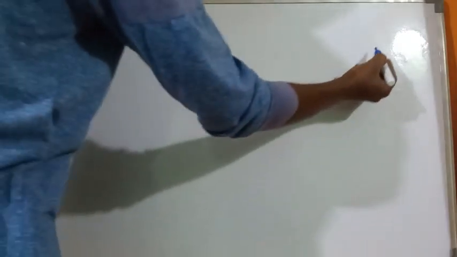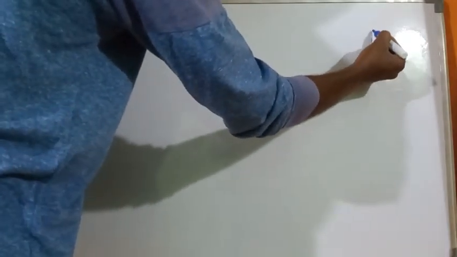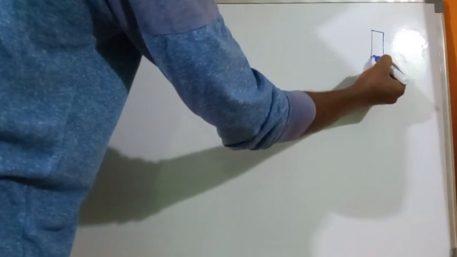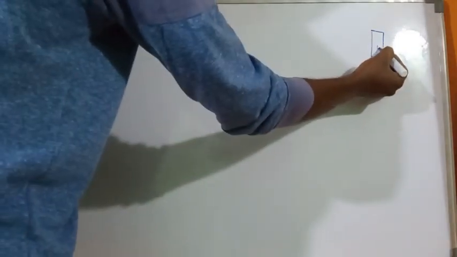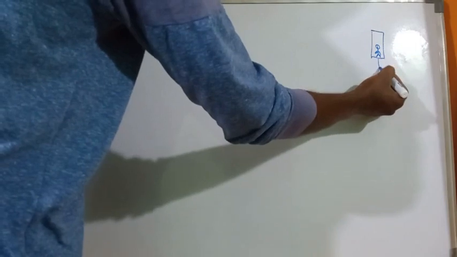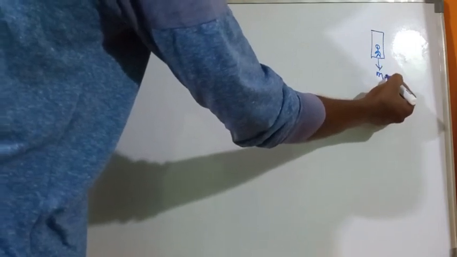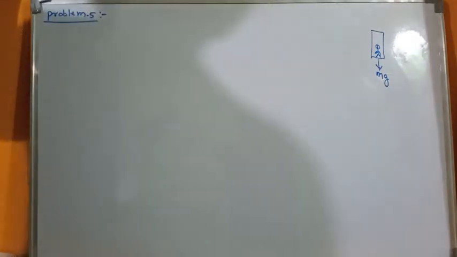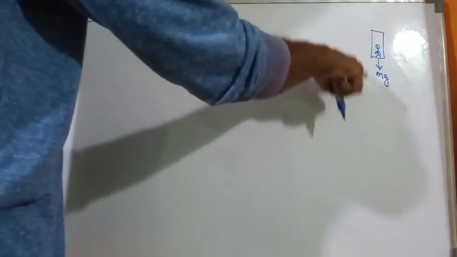Here we have a lift. Suppose this is our lift, and in this lift there is a man standing. Then the weight of the man is mg, acting downward.